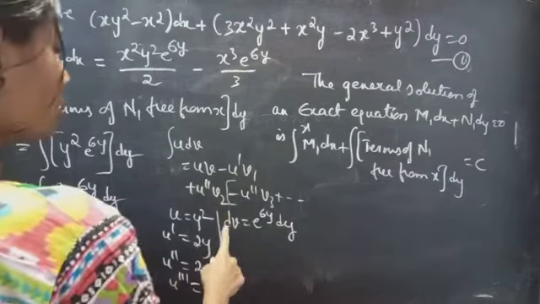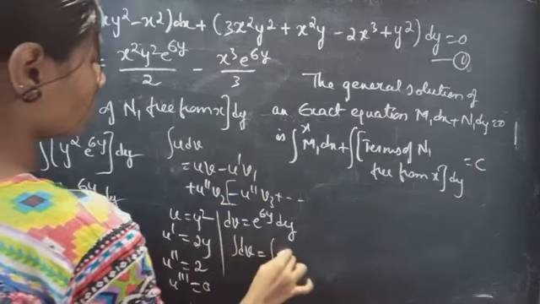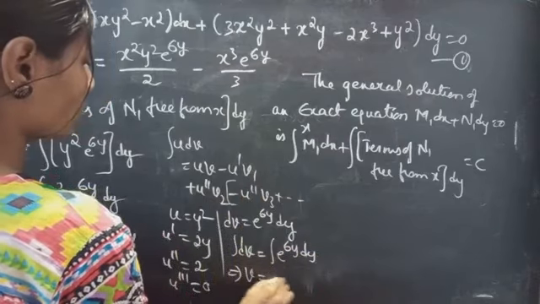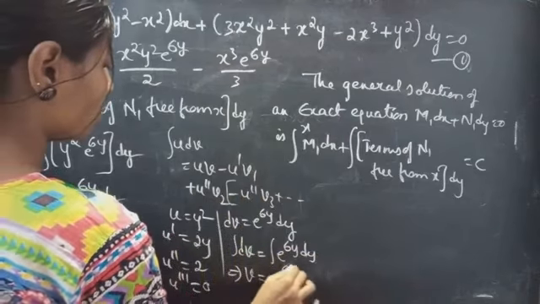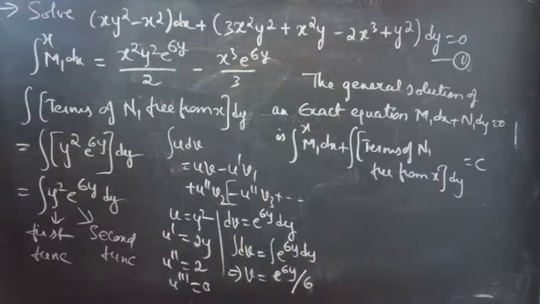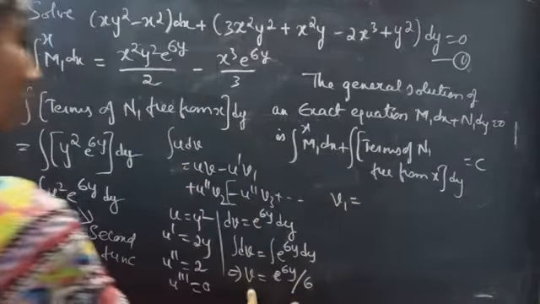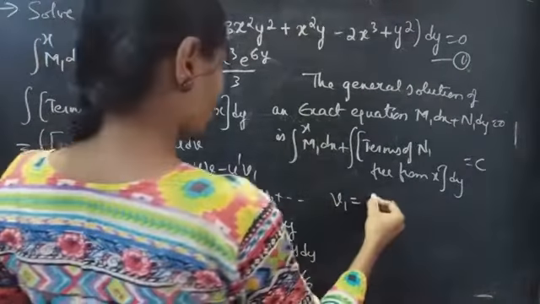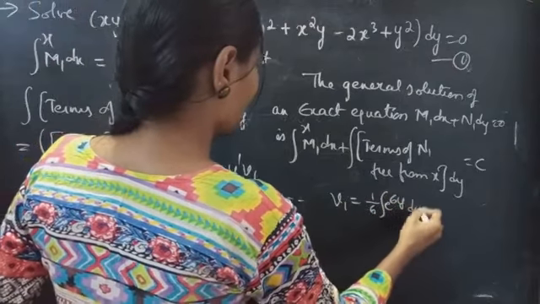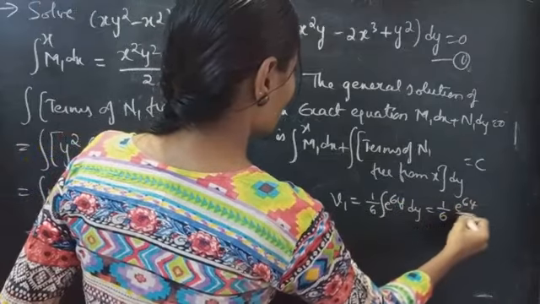By integrating, integral dv equals integral e power 6y dy, then v equals e power 6y by 6, and v1 equals integral v, that is 1 by 6 into integral e power 6y dy, which is equal to 1 by 6 into e power 6y by 6.